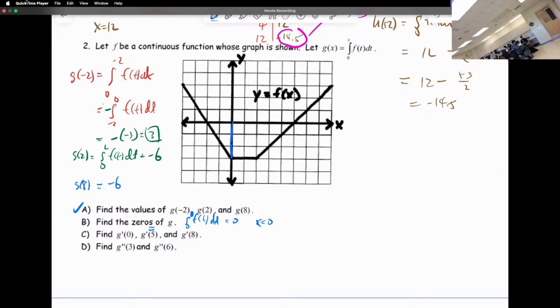If you go from here and integrate, we know that this one ends up to be positive 3, not negative 3, even though it's below the x-axis, because the orientation is flipped. But then it doesn't matter what orientation this is, this will end up to be negative 3. So you have positive 3, negative 3. If you calculate the cumulative area this way, you'll find out that these two will cancel out. So therefore, x is equal to negative 4.